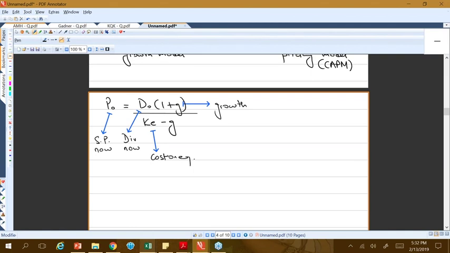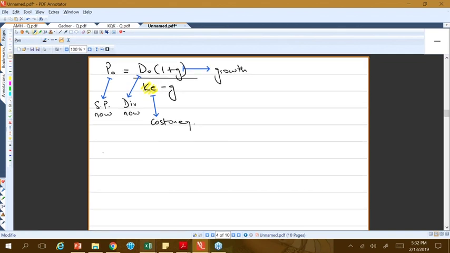Now, imagine that if I have to find this KE within this growth model, I'm going to rearrange this growth model. Therefore, we'll say that the KE is D naught (1 plus G) over P naught, plus G. So this is called the rearrangement of the growth model.